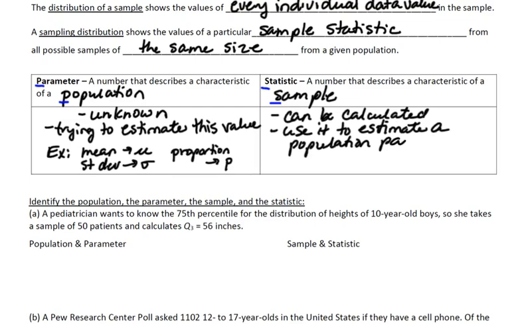Some examples of sample statistics that are used to estimate population parameters: we might use x bar, the sample mean, to estimate mu, the population mean. We might use s, the sample standard deviation, to estimate sigma, the population standard deviation. We might use p hat, the sample proportion, to estimate p, the population proportion.